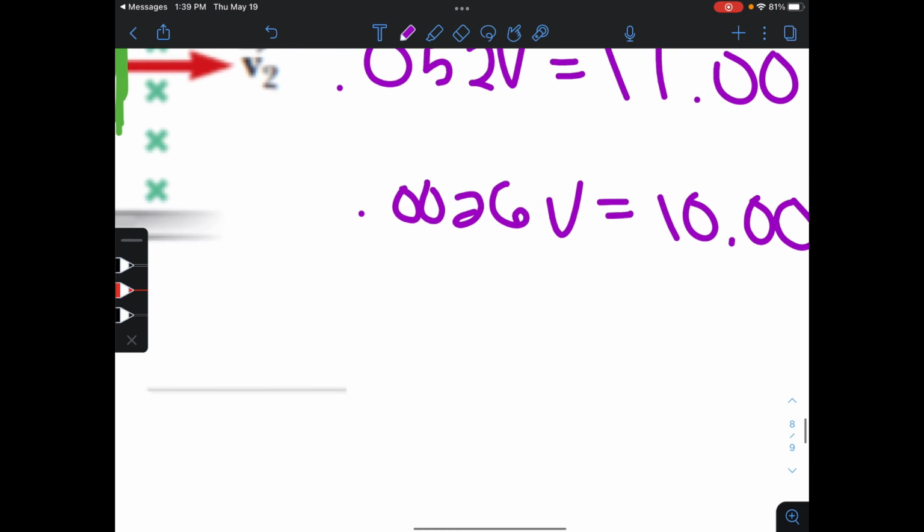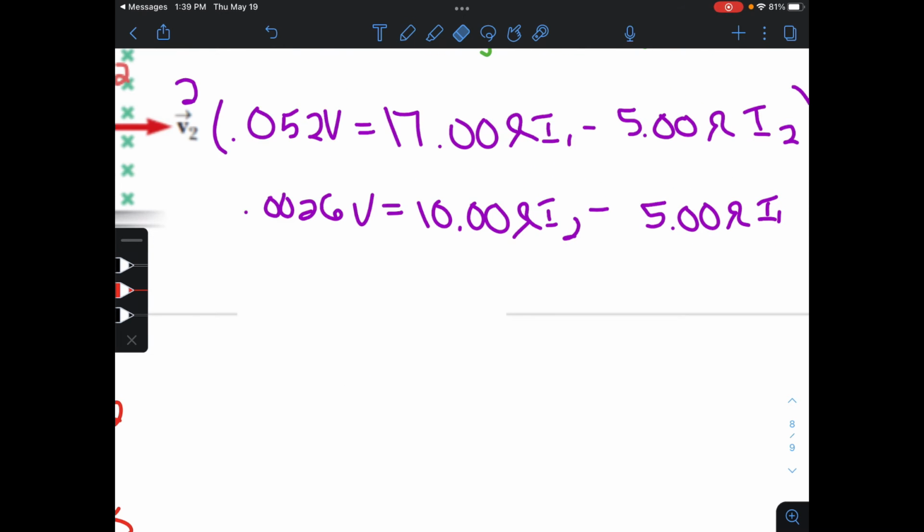point. You can do this in your calculator, whatever. And then you get I1 is equal to 0.0038, that's 10 to the negative 3 amps.